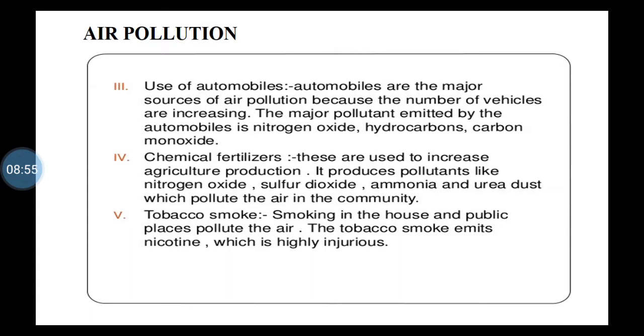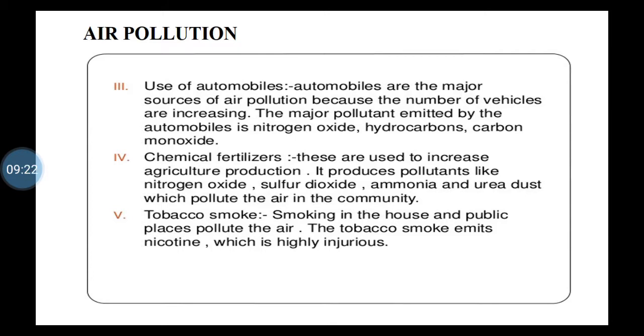Then chemical fertilizers, as I said, these are used to increase agricultural production. It produces pollutants like nitrogen oxide, sulfur dioxide, ammonia and urea dust which pollute the air in the community. Then tobacco smoke. Now many people have got a habit of smoking, isn't it?